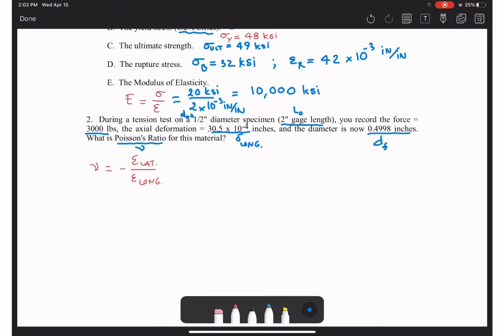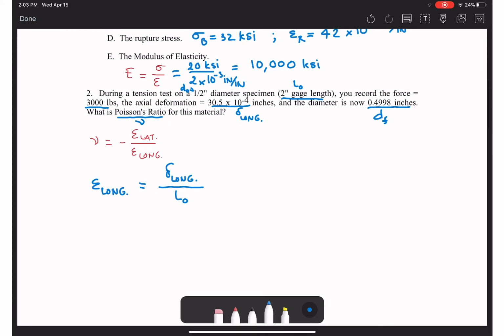So let's find out the epsilon longitudinal. It will be equal to the delta longitudinal divided by the L naught, the length in the longitudinal dimension, and that all are given.